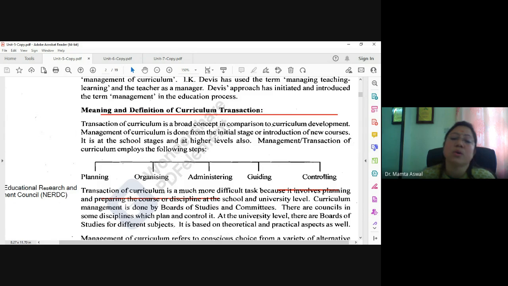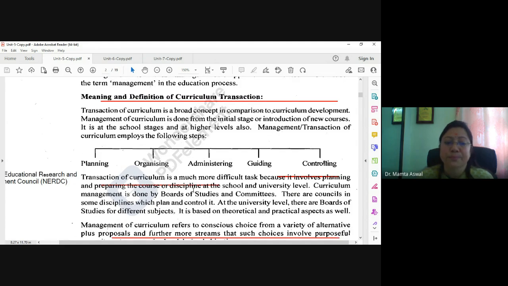There are various councils for school education also, such as the National Council of Educational Research and Training, which has already developed a curriculum for school education.